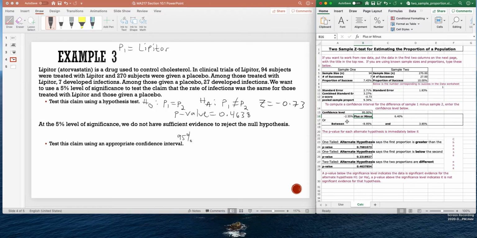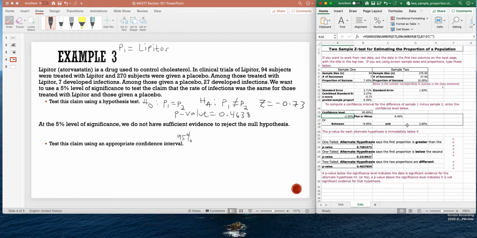And we could see from this that the difference created a value of negative 2.55. This negative is due to the fact that the second proportion is bigger. So that means the placebo developed more infections than the Lipitor group, according to what this is showing us.